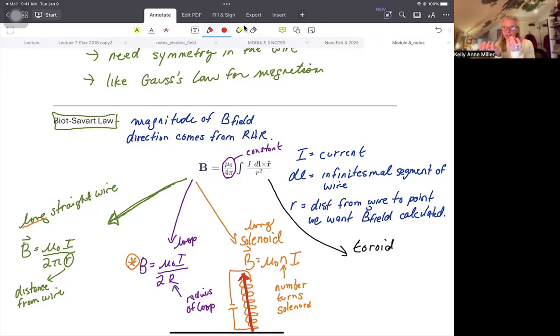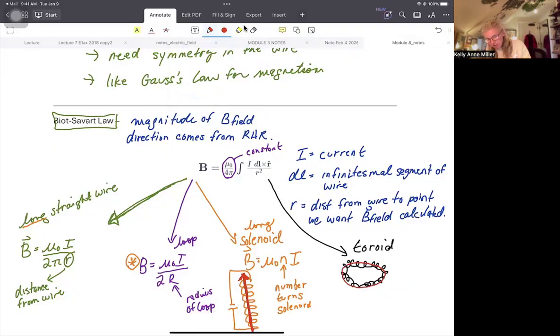A toroid is if you took that solenoid and made it into a donut. Imagine I take the solenoid and wrap it up and close the loop. The B field, this is hard to draw, is through the center.